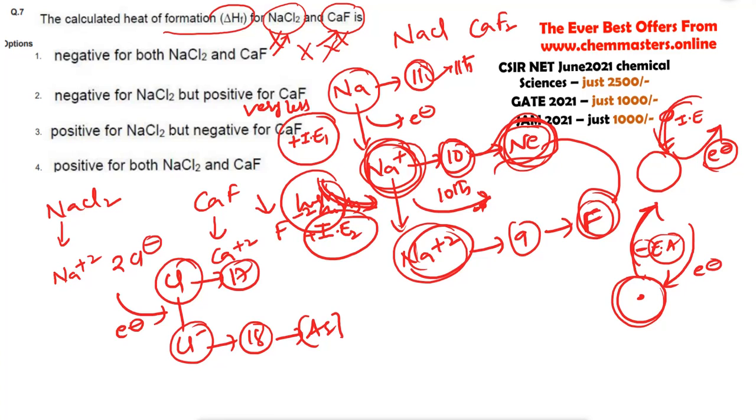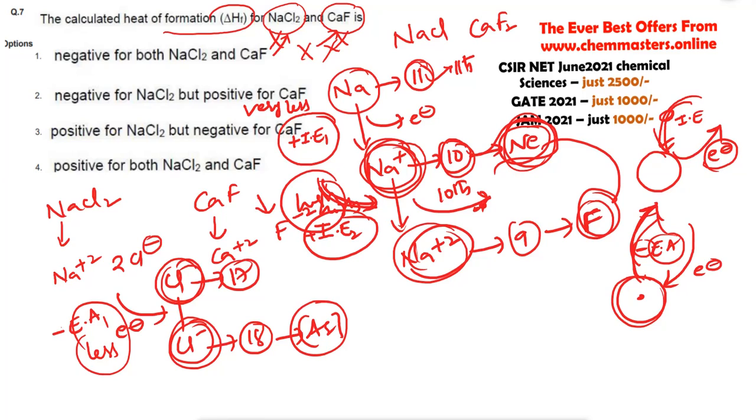Okay, so here the first electron affinity for chlorine to Cl minus is very less. Why is it less? Because by adding one electron, it will become more stable in the form of Cl minus. That's why a lesser amount of energy is released from that.